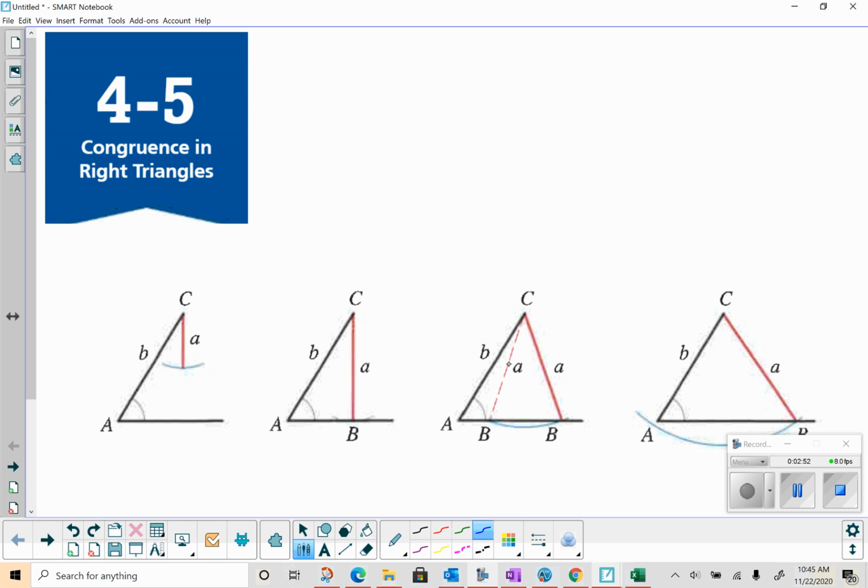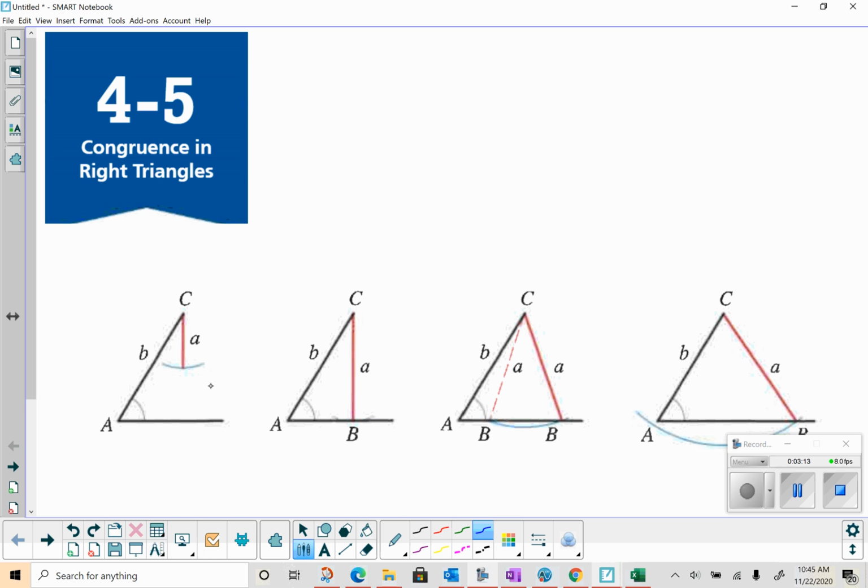No. Let me go back and point this out. For each of these, they're keeping angle A the exact same measurement, and keeping the length of side B the exact same length. What they're doing from one figure to the next is changing the length of side A.